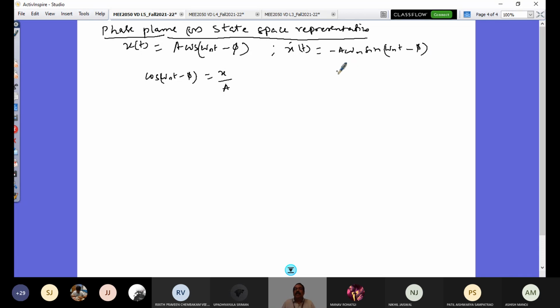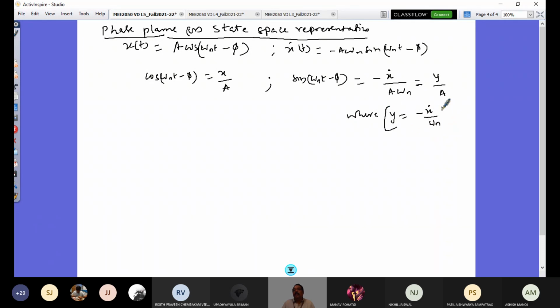So from this I can rewrite, as I wrote for cos omega nt minus phi, sine omega nt minus phi, and that's going to be minus x dot by a omega n. So let me write this as y by a, where y is minus x dot by omega n.